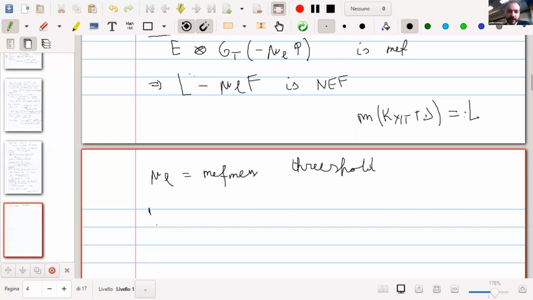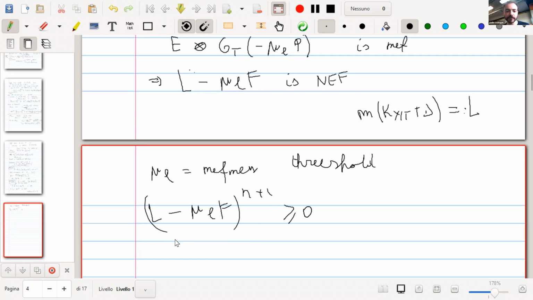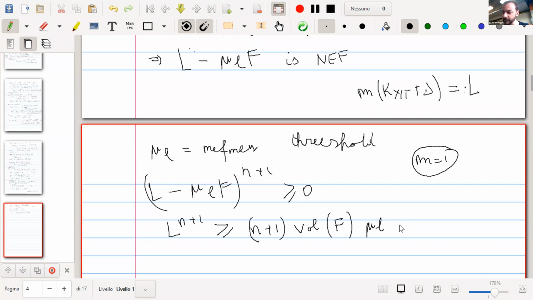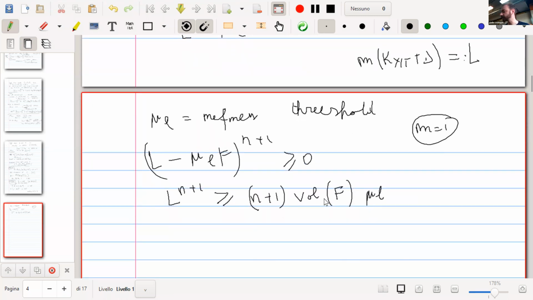So in particular, (L minus mu L of F) to the power n plus 1 is greater or equal than 0, which means that L to the power n plus 1 is greater or equal than (n plus 1) times the volume of a fiber times mu L. Maybe I can take m equal to 1, it doesn't matter, just to simplify things. I'm just developing the power here. This is the volume with respect to the canonical bundle.